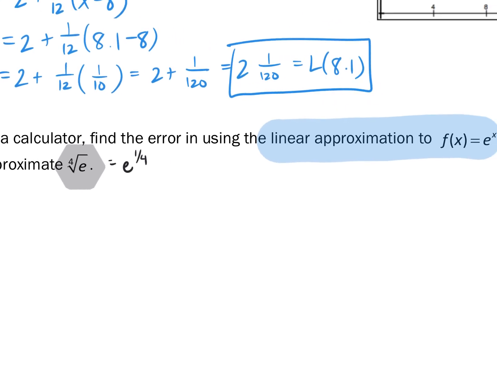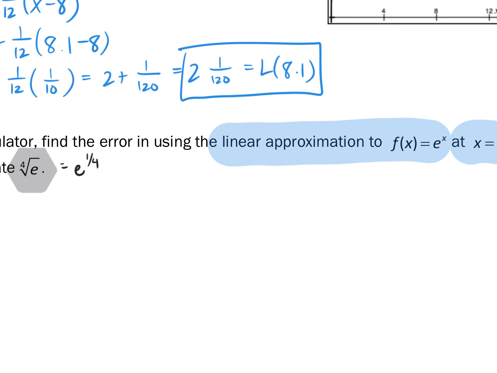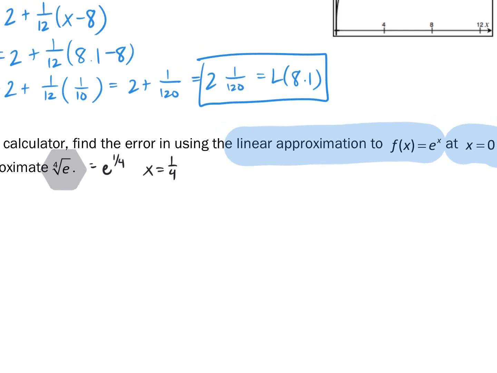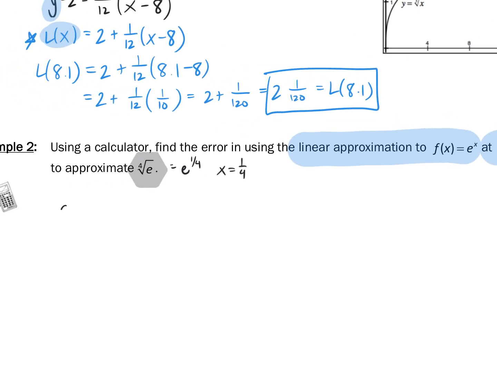So technically, like when I plugged in 8.1, I'm going to plug in x equal to 1/4. That's what I'm trying to approximate, okay? But first, we have to find the derivative. So the derivative of my function, e to the x, is equal to e to the x.